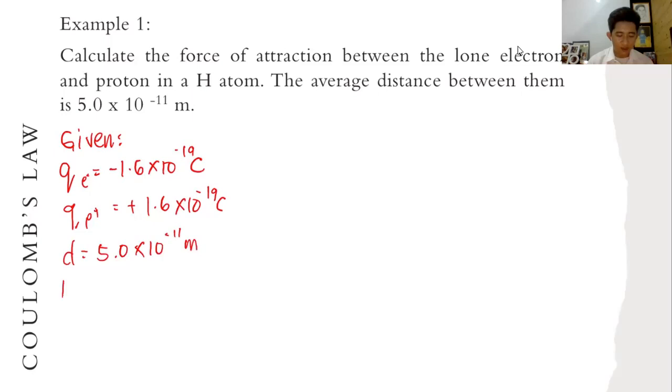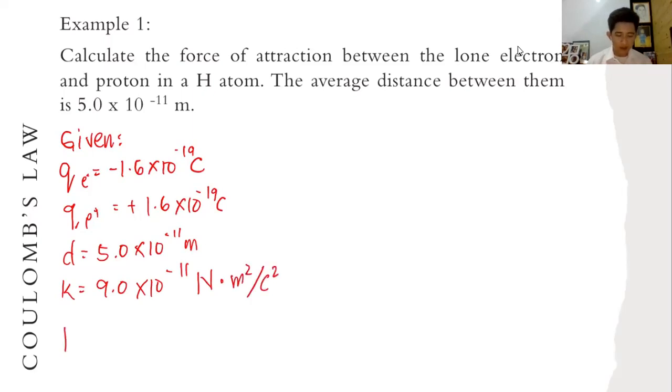Let's take note of the K constant, or the Coulomb's law constant, of 9.0 times 10 raised to 9 newton meter squared per coulomb squared.